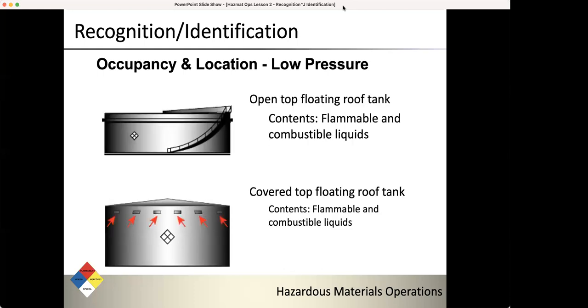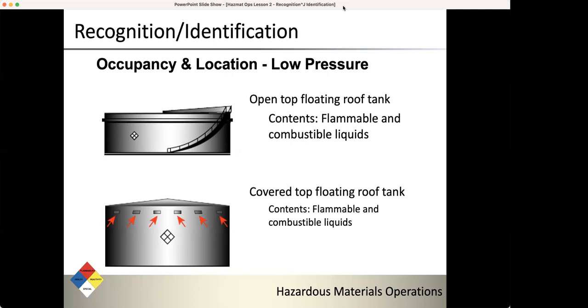You have the open top floating roof tank. Many of these large tanks are found at a refinery, like the one in Roxana. There's an open top floating roof tank. You'll see the stairs going up the side, and then there's a gantry, or stairwell gantry, going toward the center.